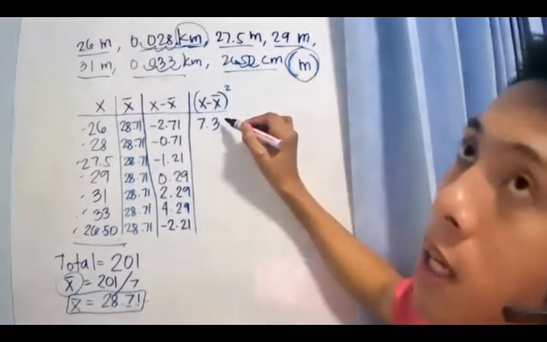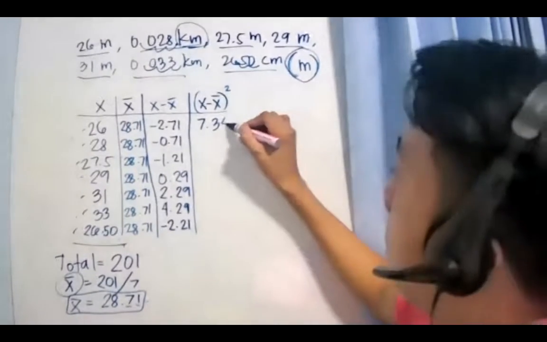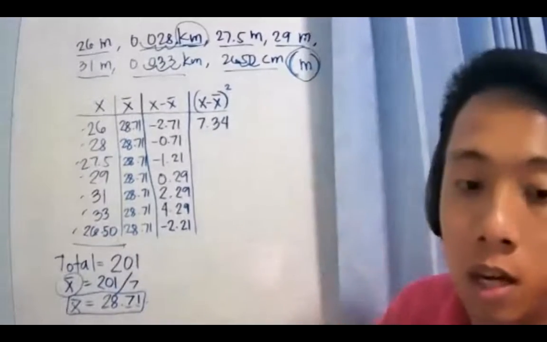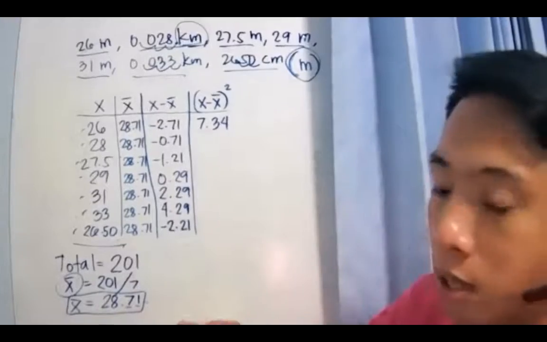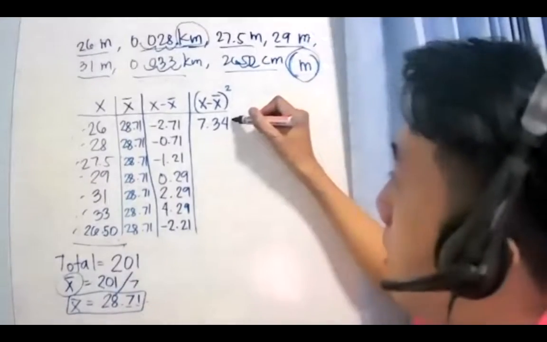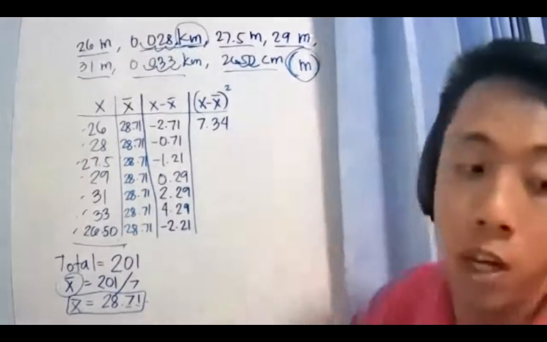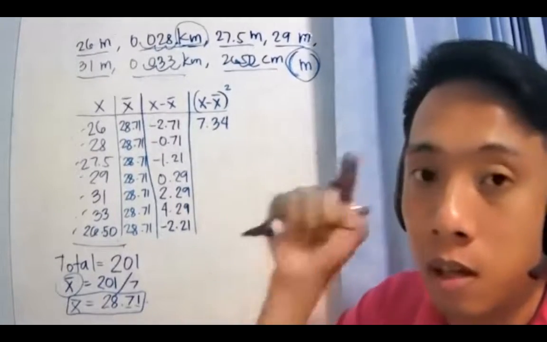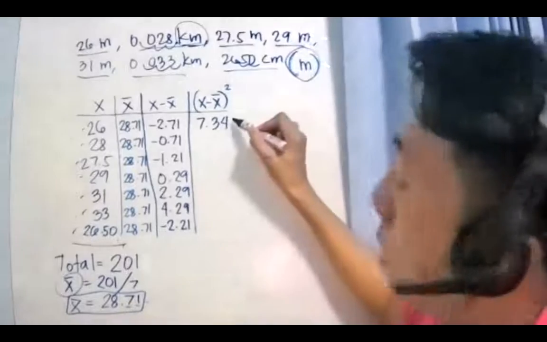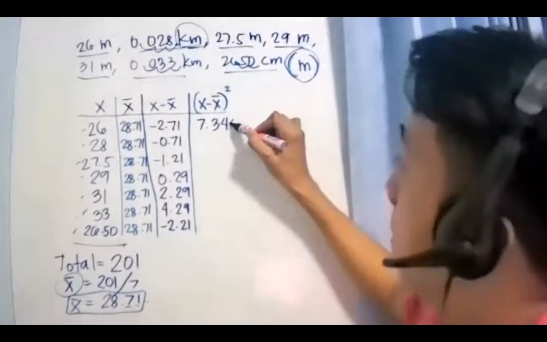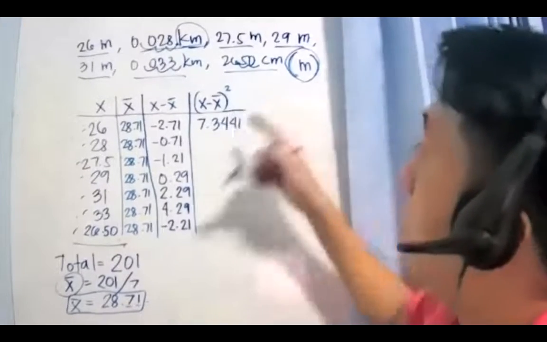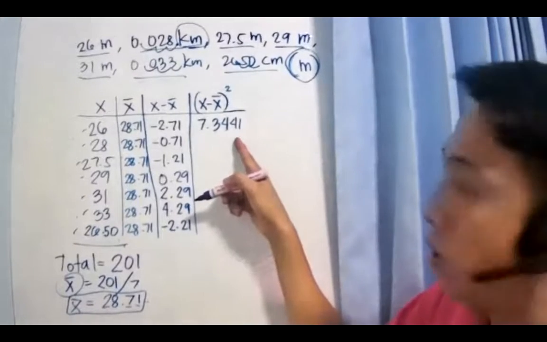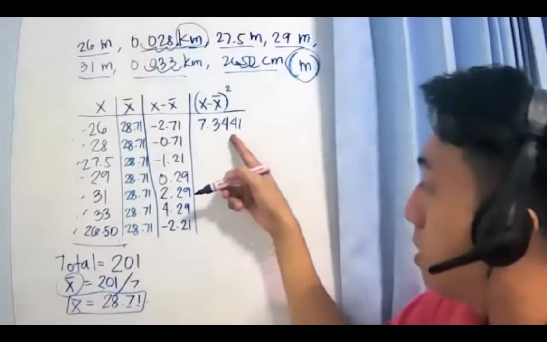Bakit ganun lang dito? If you will see your calculator, the final answer has 4 significant figures, right? Tama? Okay. So this one again is just like the same here.